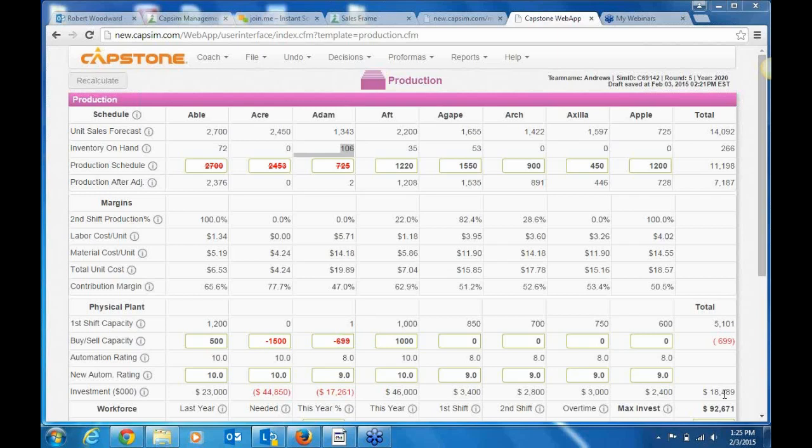Which is why you may not want to exceed 80 or so percent on the second shift, because you plan on the 80%, and then if you need a little bit more, then you have the wiggle room. If you plan on the 100%, and say something happens in the market and your demand goes up significantly, then you're going to have a problem with not being able to meet your demand. Okay.